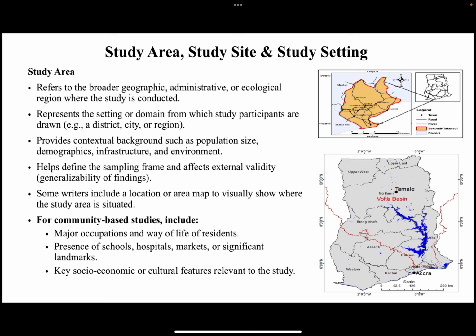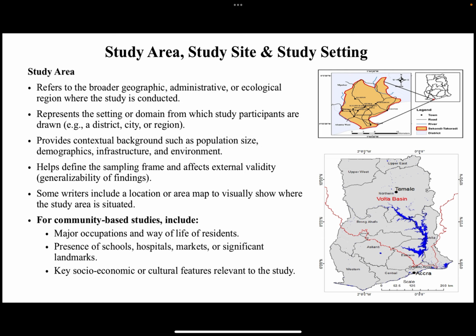Okay, for example, in addition to this explanation, for those of you who will be writing community-based studies, in describing the study area, include major occupations, like the way of life of the residents or the people, the presence of schools, the presence of hospitals, the presence of very key market areas, or any other significant landmark.